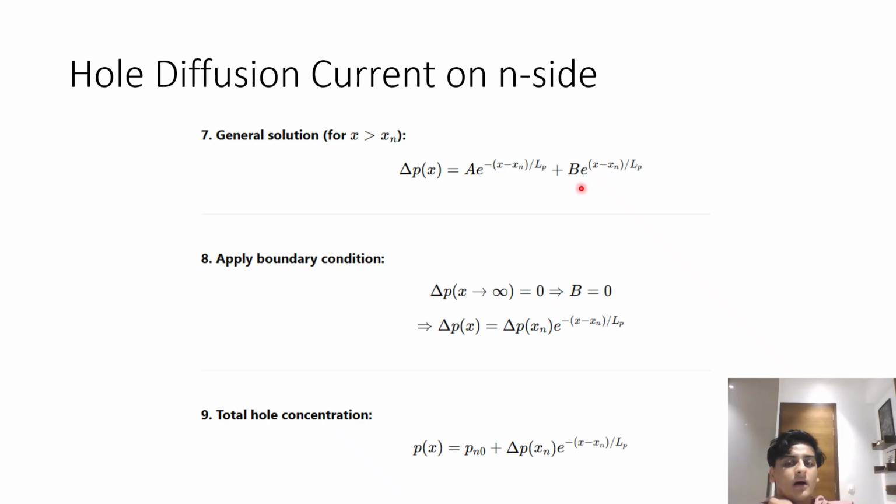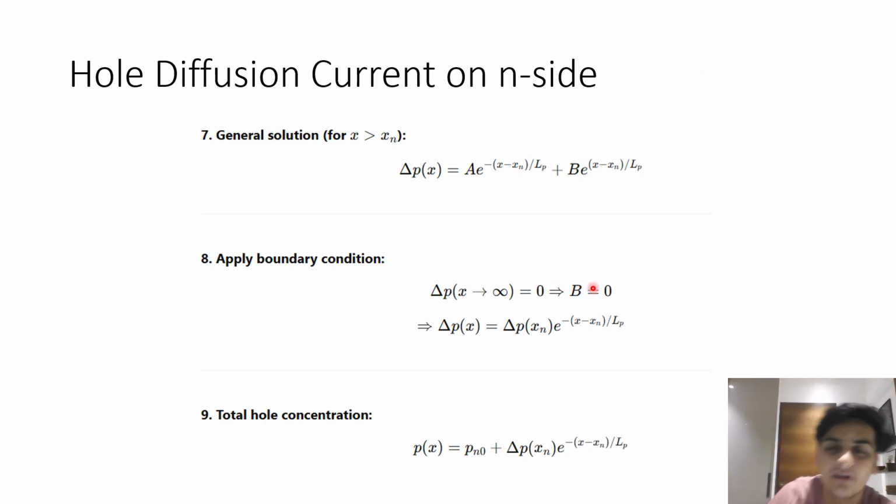Now, obviously, the assumption that we are taking is that we have a long diode. So if we have a lot of diffusion, then we can assume that the length of the diode is enough that the diffusion eventually dies out. So we can take x tending to infinity, and since that quantity should be equal to 0 because your diffusion dies out, the value of B should be 0.